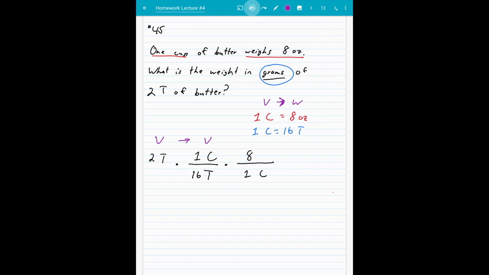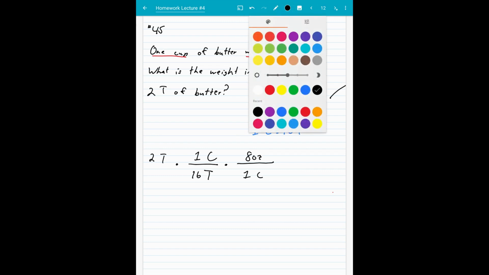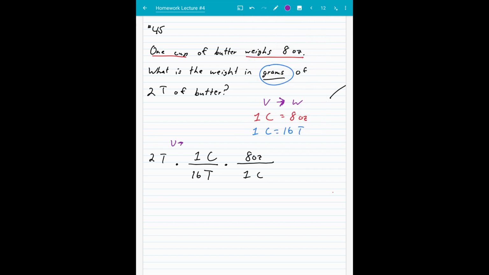And I'm going to write these down a little different in the way that I portray them. I just want to write the conversions a little different. So this multiplication process right here is a volume to volume conversion. Here we're doing a volume to weight conversion.